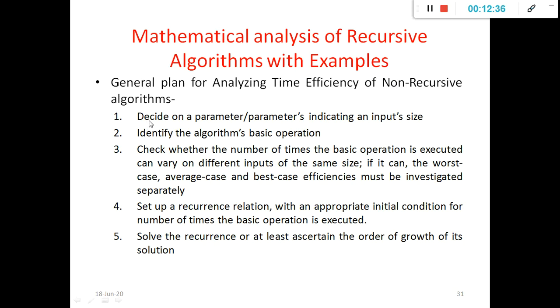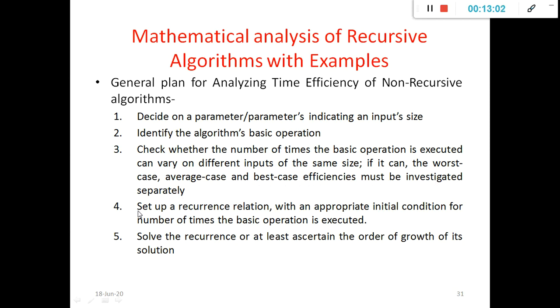The first step is to decide on a parameter or parameters indicating an input size. The second step is to identify the algorithm's basic operation. The third is to check whether the number of times the basic operation is executed can vary on different inputs of the same size; if it can, the worst case, average case and best case efficiency must be investigated separately.